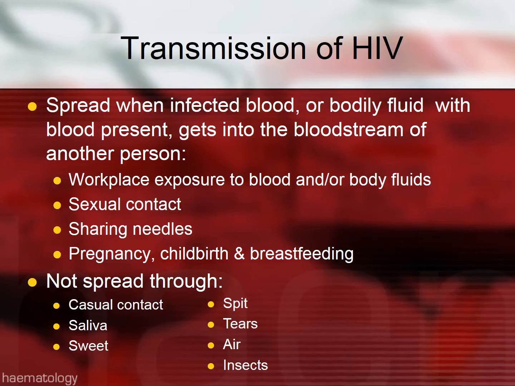Now, with regard to the transmission of HIV, and this is where a lot of people get misnomers about any of these diseases actually, but mainly with HIV, they seem to get really upset and scared. But when you start looking into it, something has to get into the bloodstream of another person, from an infected person to the body of an uninfected person. And this can be like what we're worried about with OSHA is the workplace exposure.